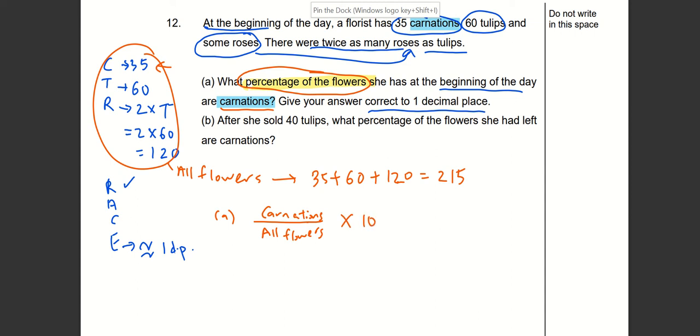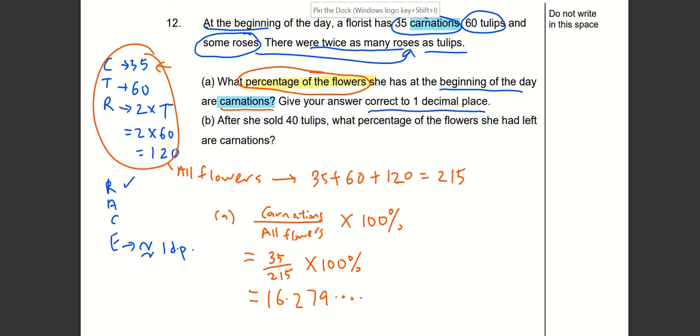Times 100%. So that will be 35 out of 215 times 100%. I can use my calculator for this. 35 out of 215 times 100%, I will get 16.279 and on and on.